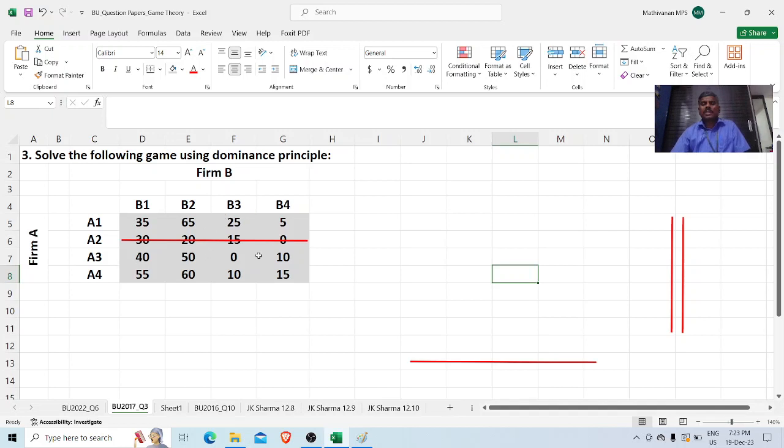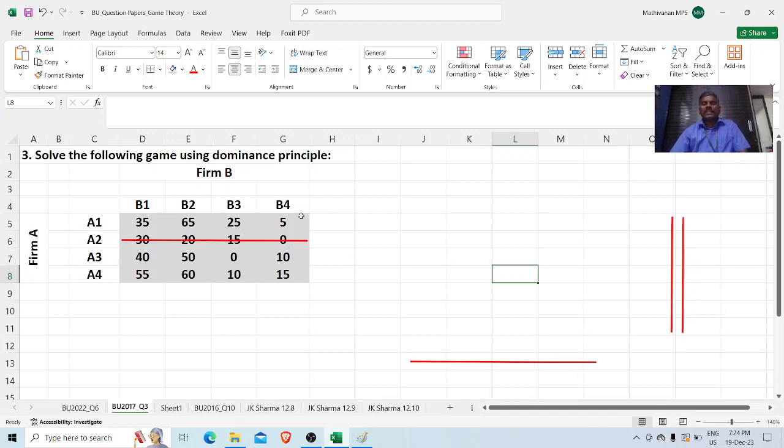We will come to the third combination, that is when firm B uses the third strategy. Here strategy A1 gives 25 points gain for firm A and A3 gives 0 points for firm A. That means A1 strategy is giving more gain.